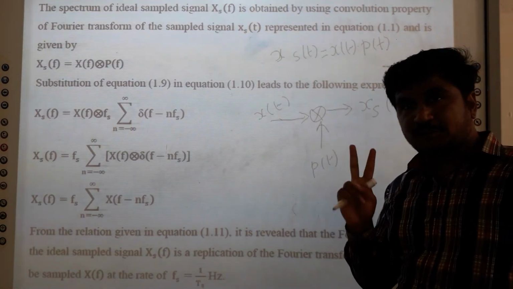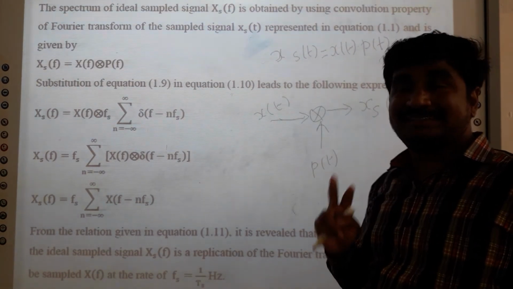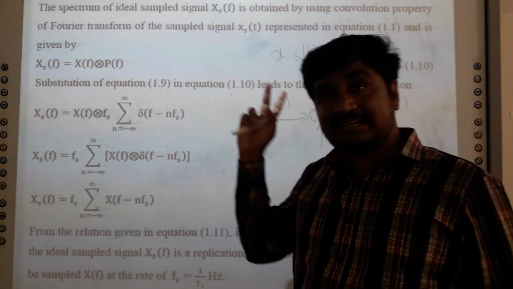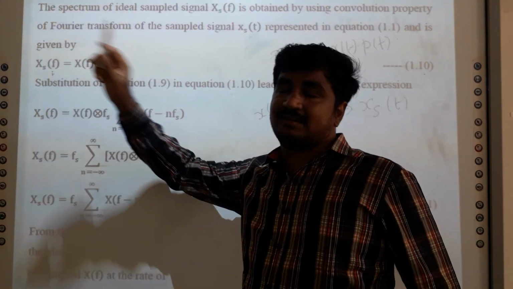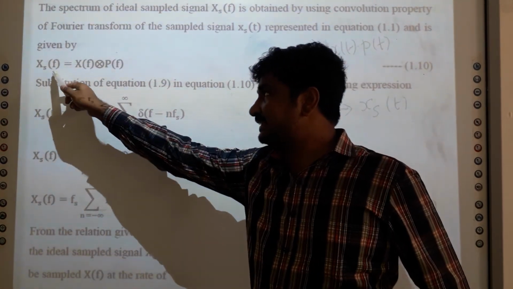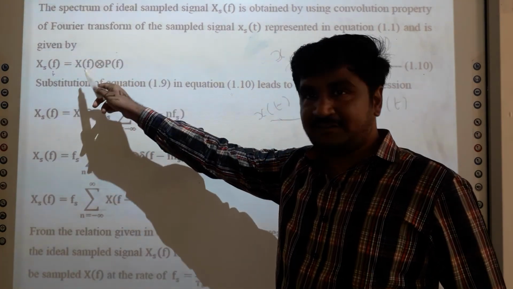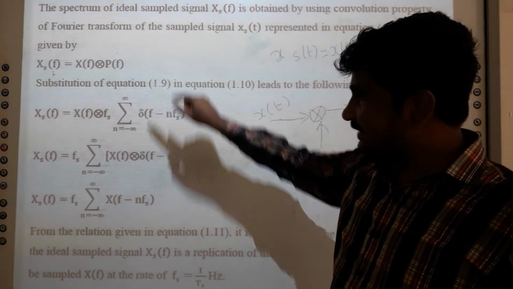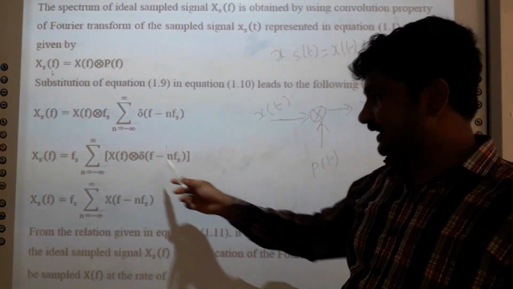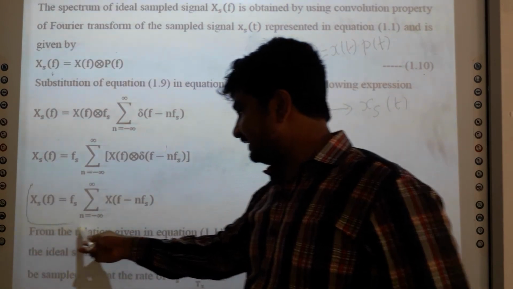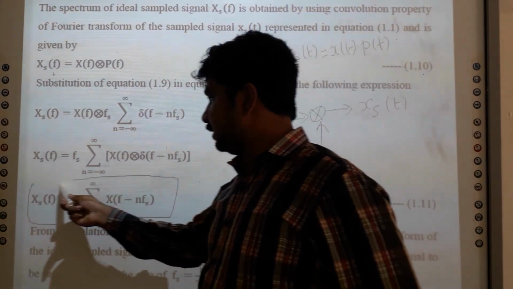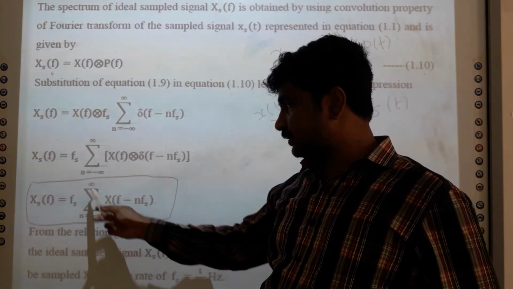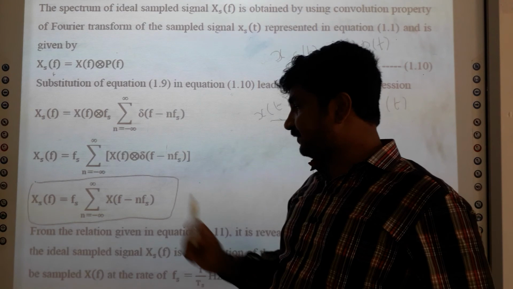The product of two signals in time domain is equivalent to the convolution of the same two signals in frequency domain. That is what is written here. Xs of f is equal to x of f convolved with p of f. So we know the expression for p of f here, and the spectrum of the sampled signal is nothing but Fs into summation of n equal to minus infinity to infinity x of f minus nFs.